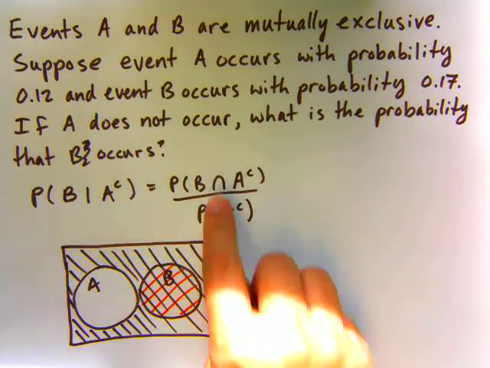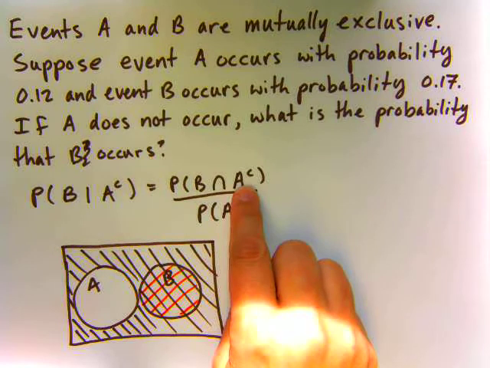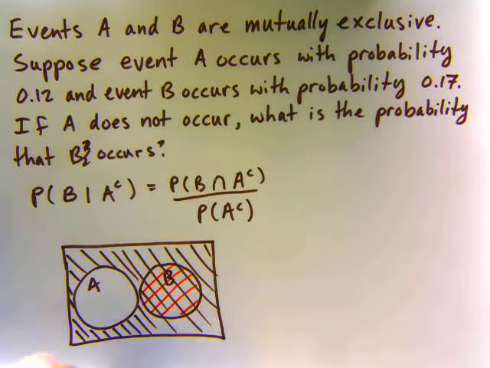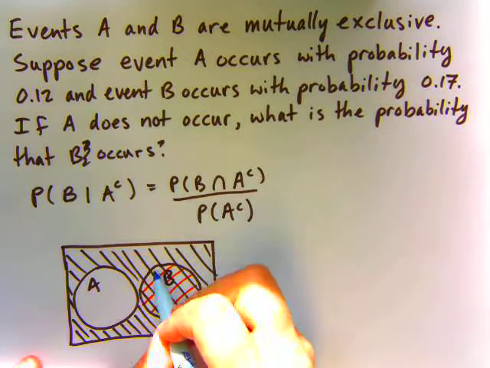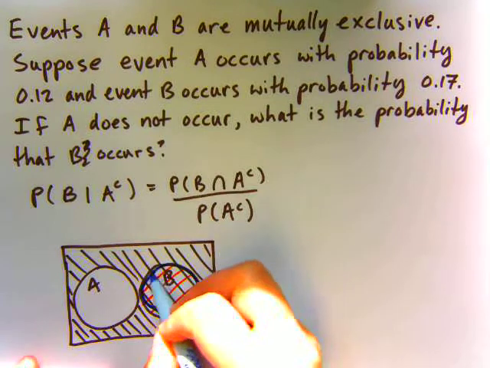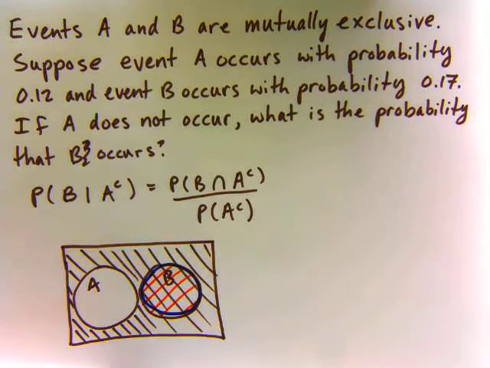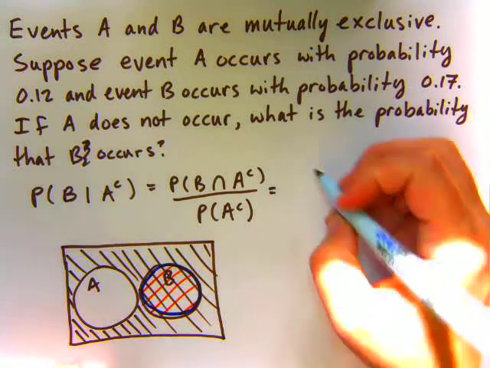When I look at the probability of B intersect A complement, well, that's all of B. You don't have to subtract out that little football wedge in there. And if you think about it, the football wedge would just be equal to 0. If two events cannot occur at the same time, that means the probability of A and B equals 0. So you're sort of subtracting 0 out from the previous problem we had.